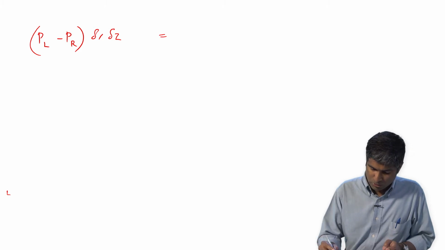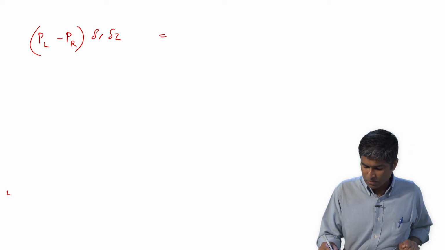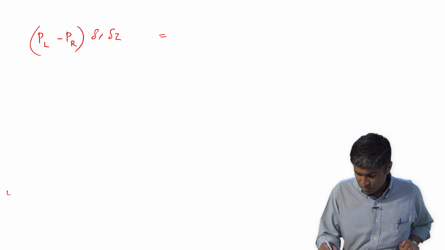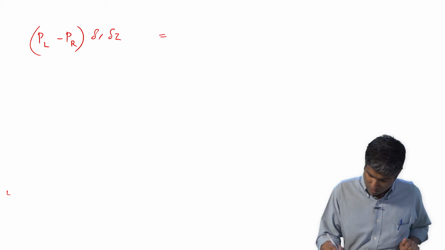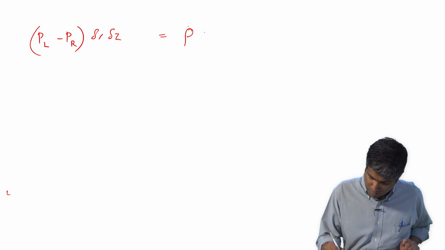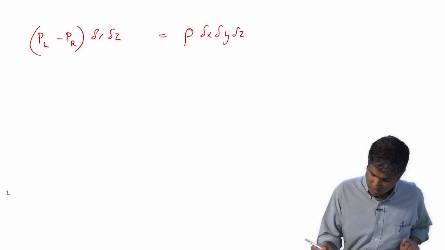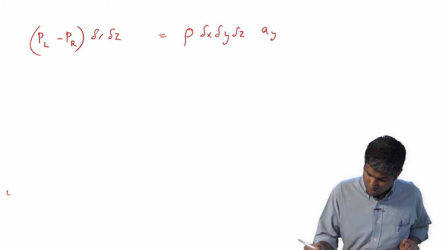That is equal to the mass times acceleration. The mass would be the density times the volume, delta x, delta y, delta z, times the acceleration Ay.